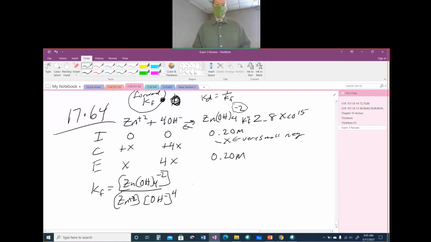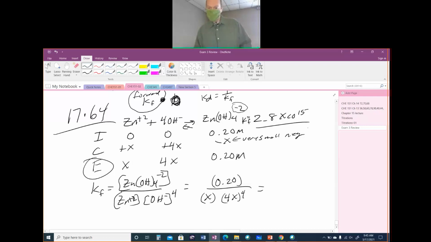All right, and so now we just plug in our equilibrium numbers. We have 0.20 molar, we have x, we have 4x raised to the 4th. And we've been given the number for that KF. It is 2.8 times 10 to the 15th.